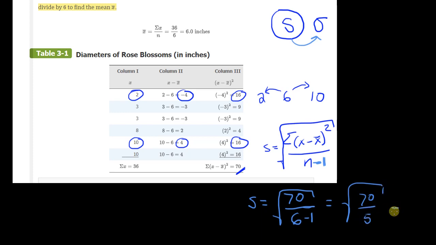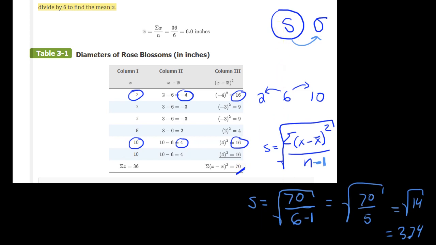Okay, and that is the square root of 14, which comes down to 3.74, right? So on average, these observations are differing from the mean 3.74 units or inches, okay? All right, so that's how to calculate the sample standard deviation.